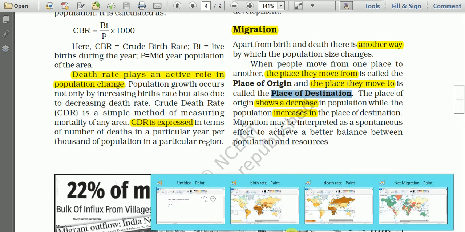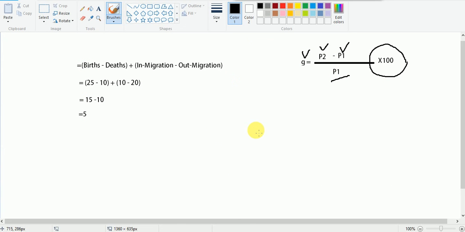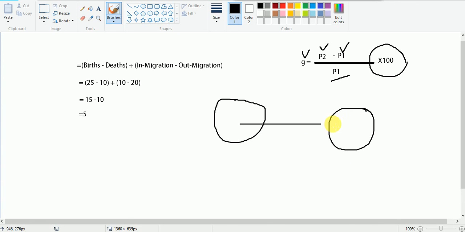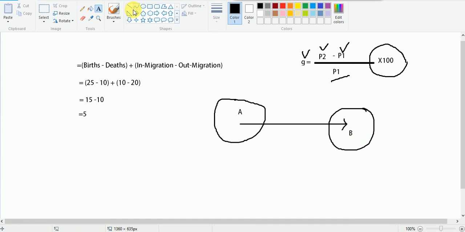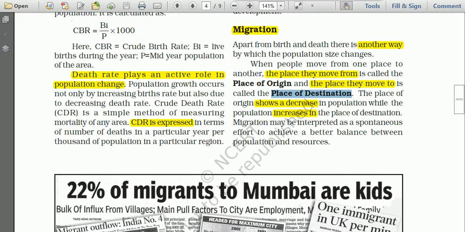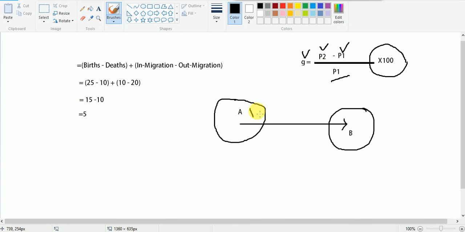Just see here, for example, this is a country A and this is another country B, and a person is moving from country A to country B. As mentioned in your textbook, A is the place of origin because he or she is moving out, and B is the place of destination.